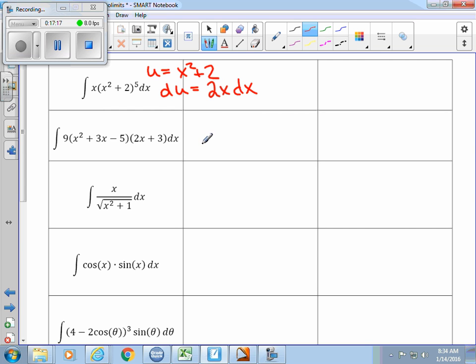Everyone listen to this. There are people who are math majors who don't know this, and it could save them so much time if they knew this. If your du shows up again in another part of the function, you made a good choice for your U-substitution. Write that at the side of your notes.